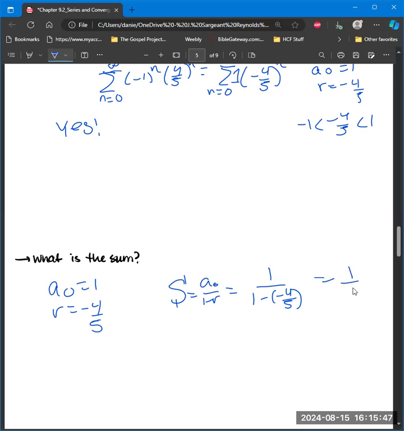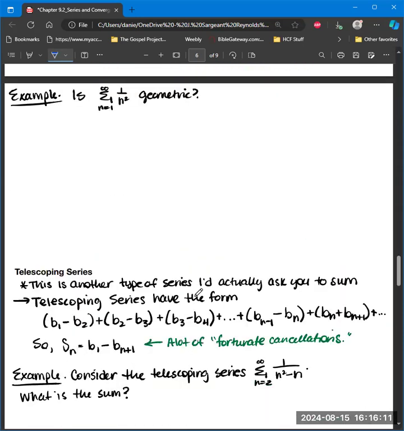It's going to be 1 over 1 plus 4/5. S is going to be equal to 1 over 5/5 plus 4/5, which is 1 over 9/5, which is equal to 5/9. 1 over something is the reciprocal of that something. So that's what my sum is.